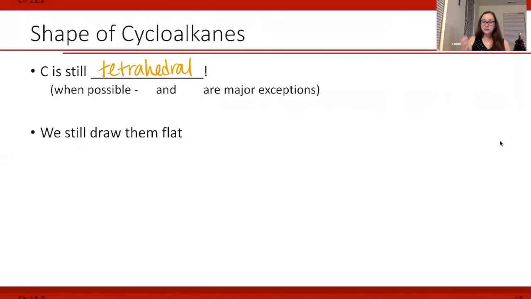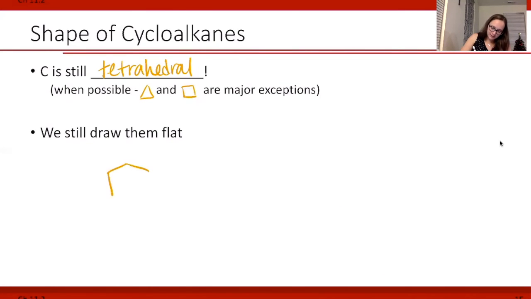The 2 major exceptions are cyclopropane and cyclobutane. Their natural angles are less than 109, so there's no way they can get there on their own. We still draw these molecules flat, and for the purposes of this course, we will draw them flat.